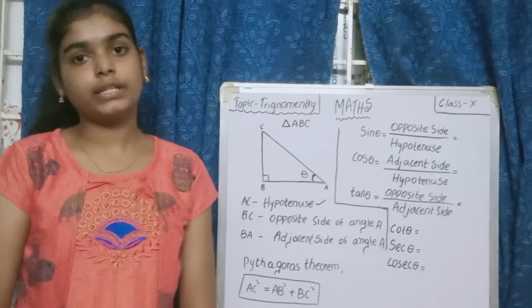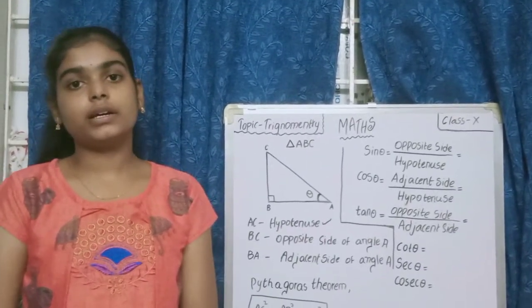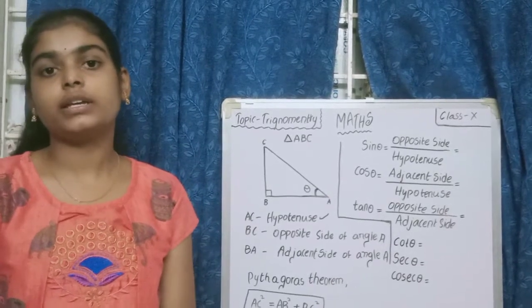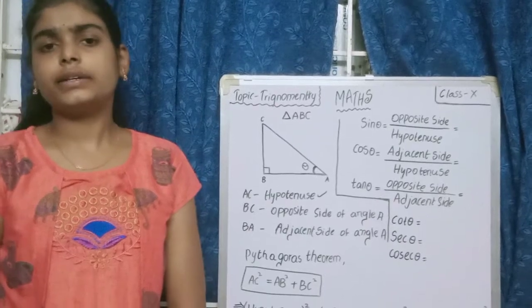We have many other examples in our surroundings which form triangles, like a child playing on a slide in a park, and many more.